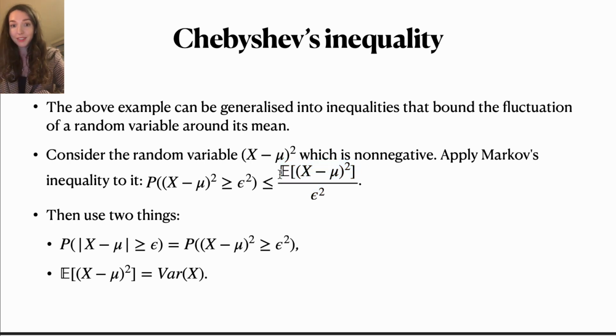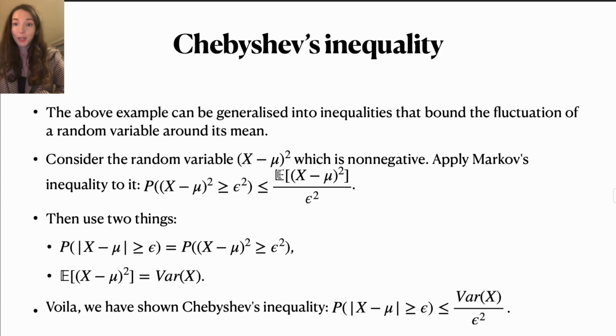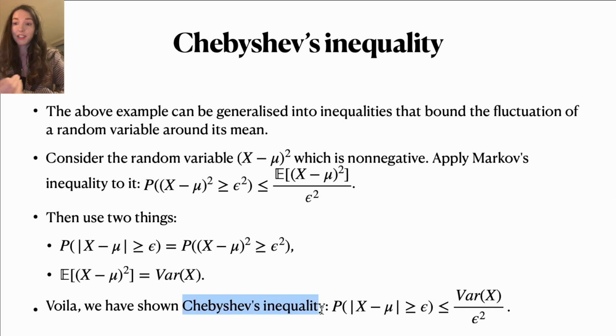If we rewrite using these two observations, we get to Chebyshev's inequality: the probability of the absolute value of x minus mu being greater than some epsilon is smaller than the variance of our random variable x divided by epsilon squared.